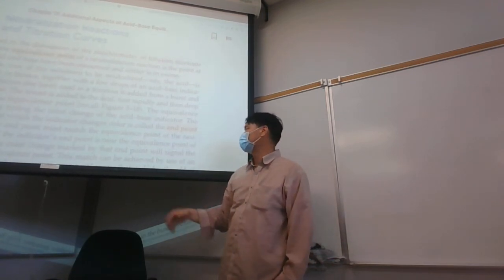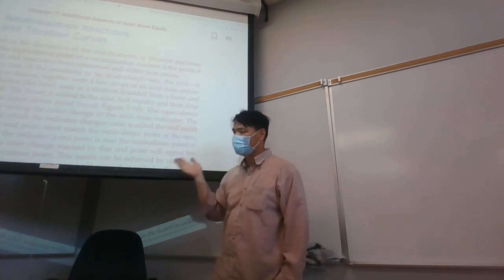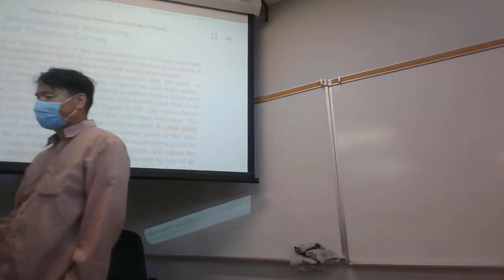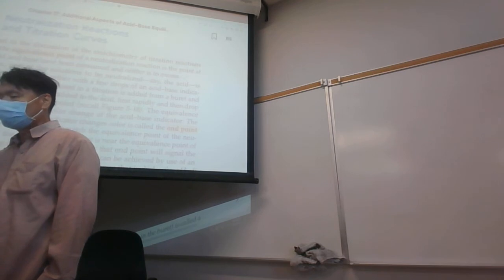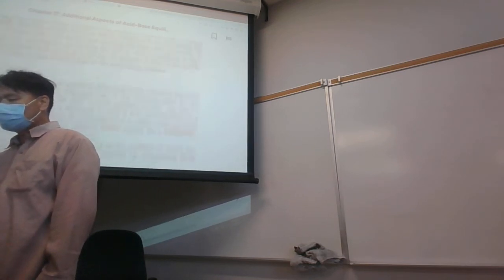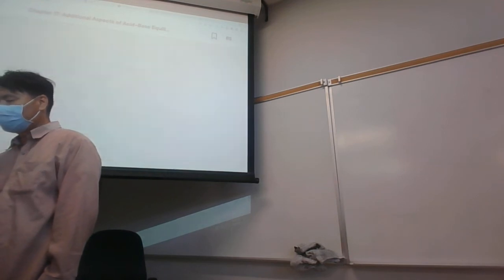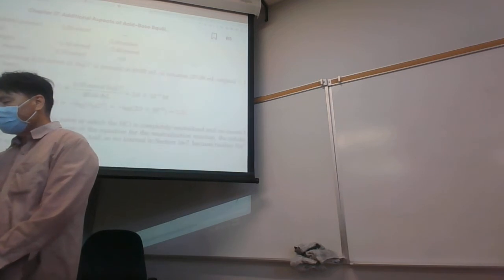Oftentimes you can't tell if there's any change, so we have an indicator. An indicator might not change at the exact equivalence point, but it could be close enough. And so let's take a look at that right now, with some examples.